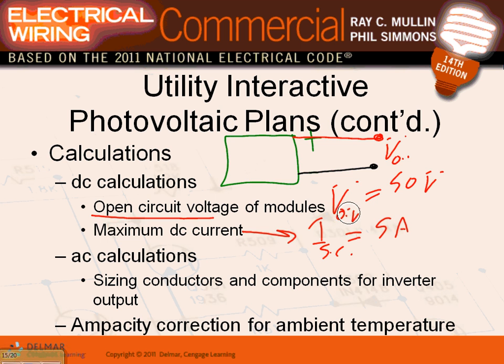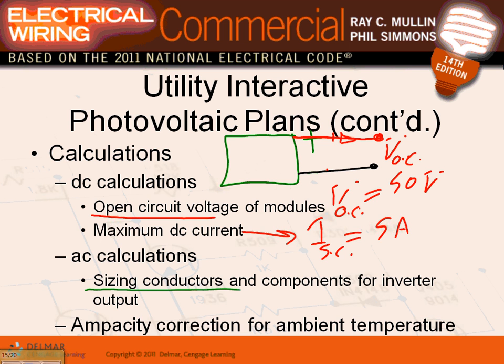We call it open circuit. And the current right here is actually as if you shunted these two together. That's the current that they want you to use. That's I short circuit. That's what we use for sizing. Always we use these two values. When we size conductors, I'll talk about that in a second. This is for the DC.